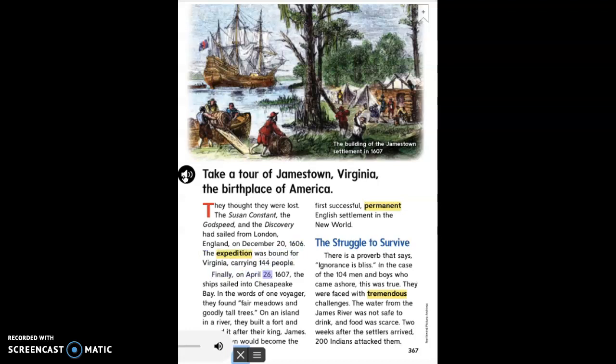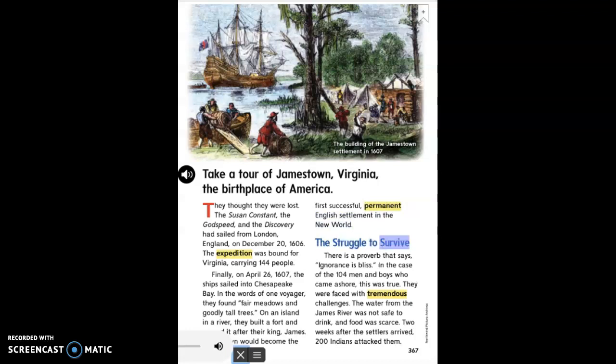Finally, on April 26, 1607, the ships sailed into Chesapeake Bay. In the words of one voyager, they found fair meadows and goodly tall trees. On an island in a river, they built a fort and named it after their king, James. Jamestown would become the first successful, permanent English settlement in the New World.